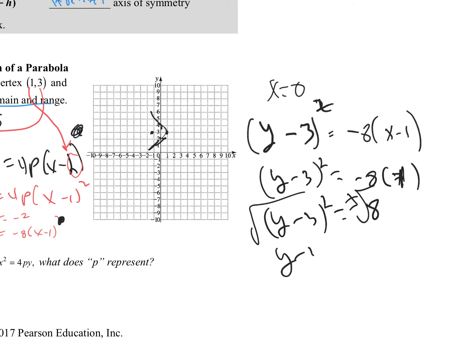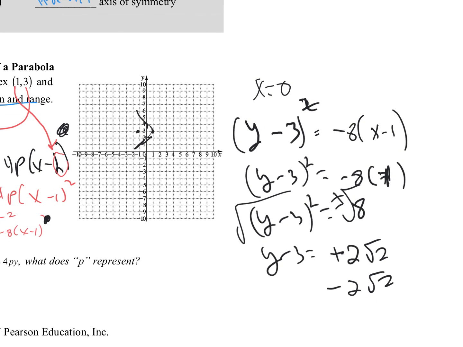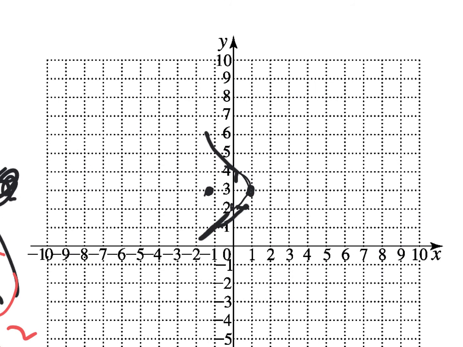So y minus 3 is plus 2 square roots of 2 or minus 2 square roots of 2, because square root of 8 was square root of 4 times square root of 2, which is 2 square roots of 2. And it's plus or minus. So 2 and a little bit more from the 0.